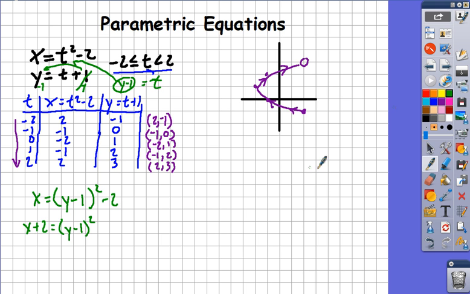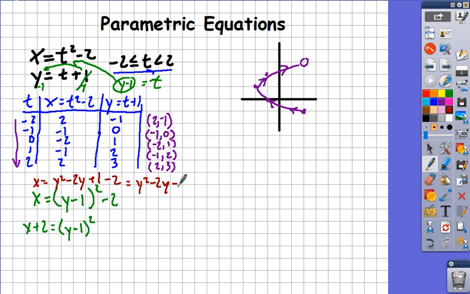And there you've got your standard form of the equation. Or we could go ahead and square this and simplify it all out, realizing that we would have x equals y squared minus 2y plus 1 minus 2, which would actually equal y squared minus 2y minus 1.